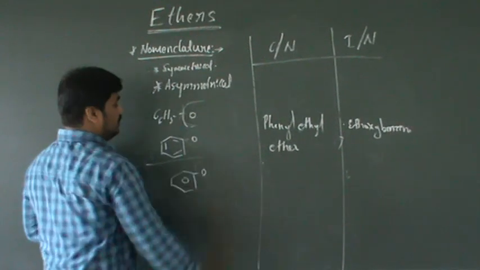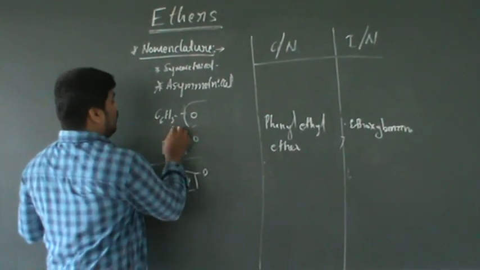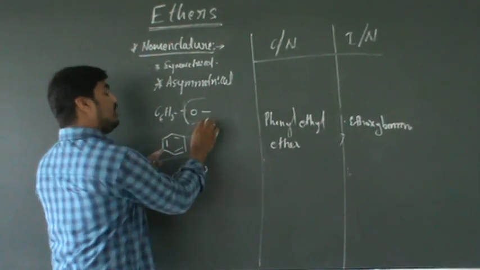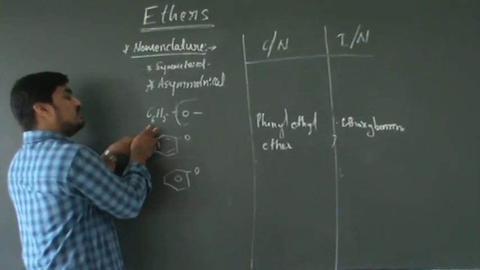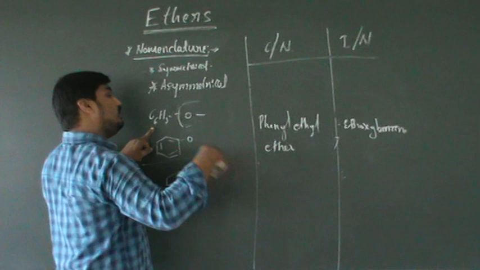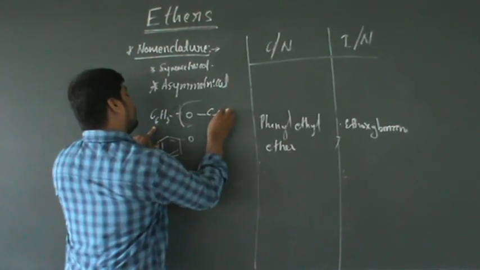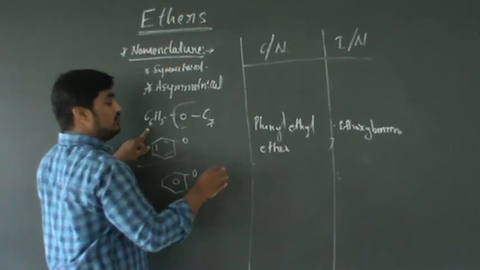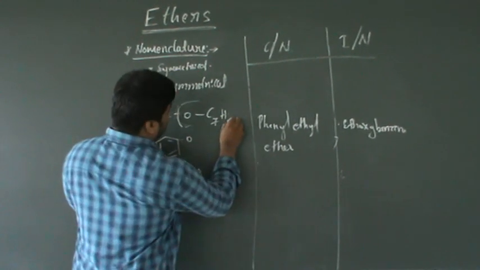I will complete this session by considering one more example. C6H5 and suppose the other side contains a larger number of carbons, more than 6. Consider 7 carbons, C7. Then how much hydrogen? 15.